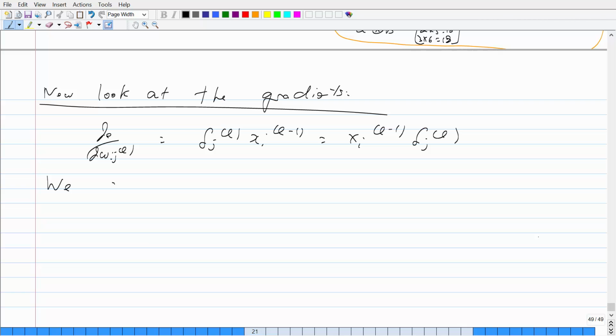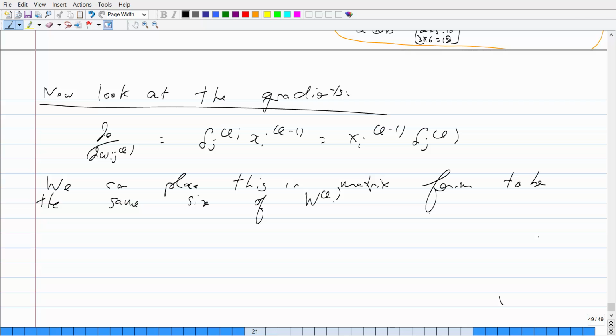We can place this in matrix form, to be the same size as the weight matrix for that shape, indexed by I and J, for row and column. I'm almost done. I just want to lay out this diagram and then I'll do an example.